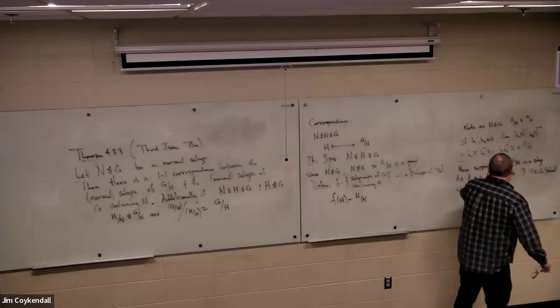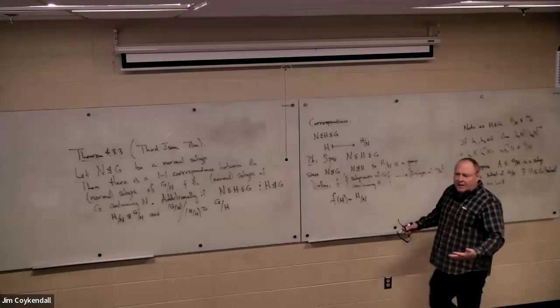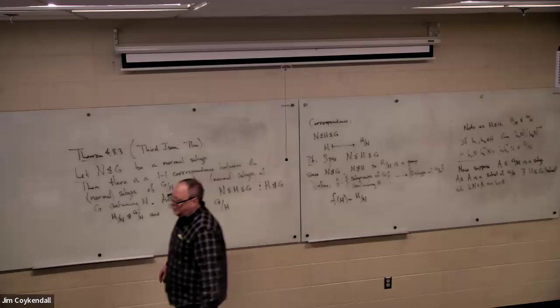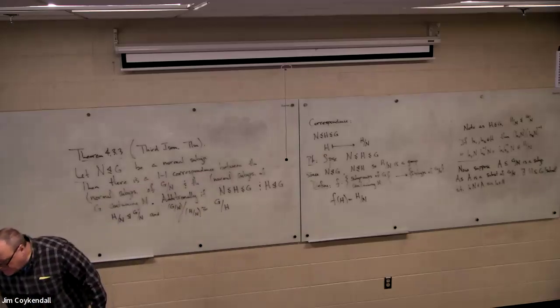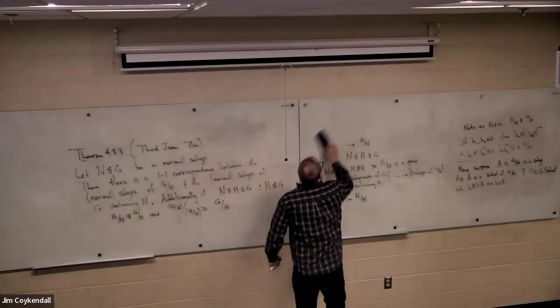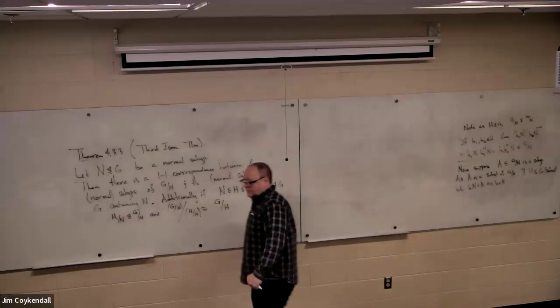And this forms some set, right? It's whatever the set of coset representatives are. And it's my burden actually to show that this set is in fact a group. And I will do so presently.